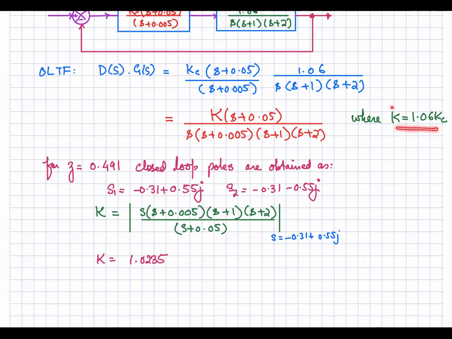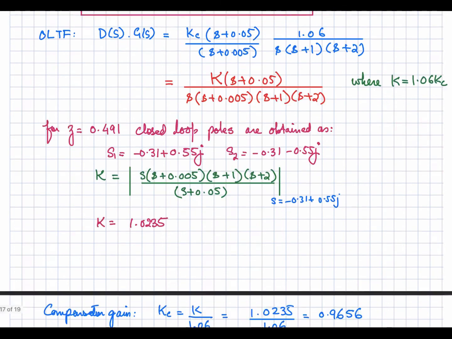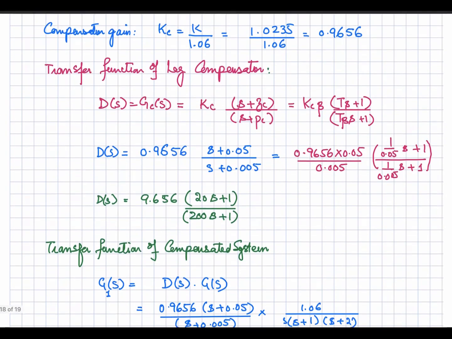So you have obtained K, and now you can find Kc. Kc will be equal to K divided by 1.06, right? So the compensator gain will be K over 1.06, which is 0.9656. So what will be the transfer function?